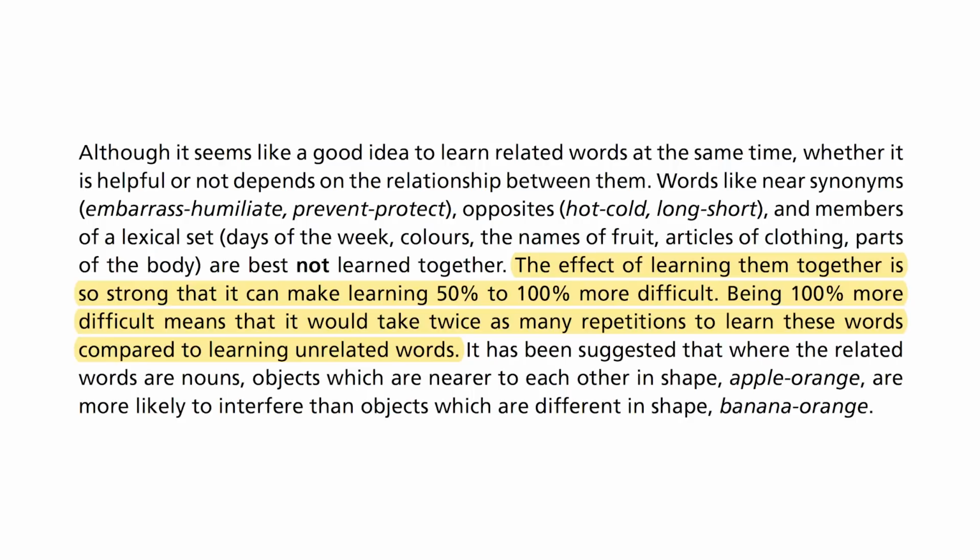The effect of learning synonyms together is so strong that it can make learning 50 to 100% more difficult. Being 100% more difficult means that it would take twice as many repetitions to learn these words compared to learning unrelated words. Isn't that incredible?